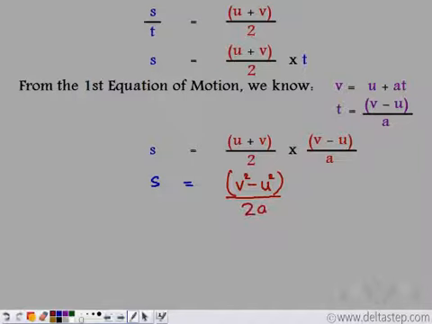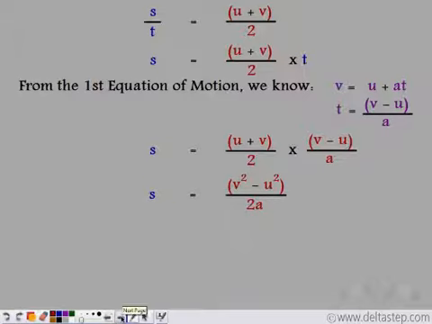So, (v square minus u square) by 2a is equal to s. We can multiply both sides by 2a.